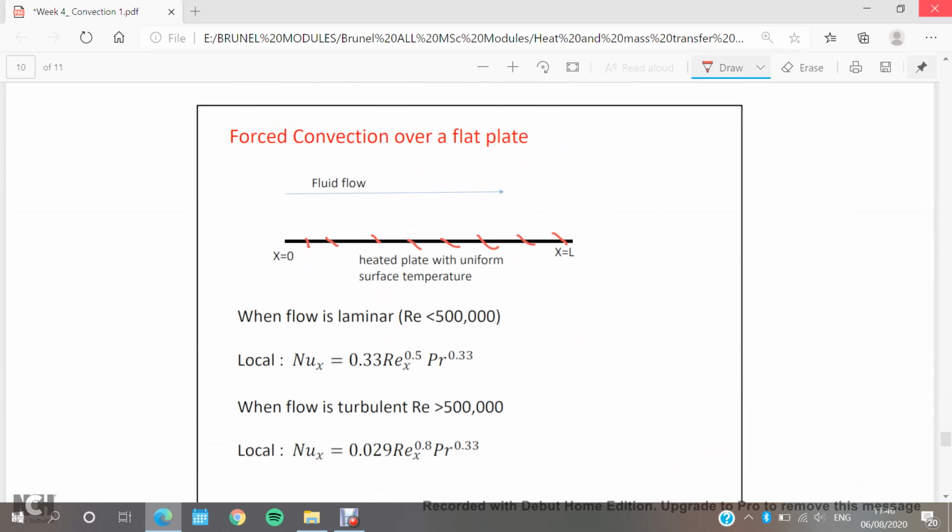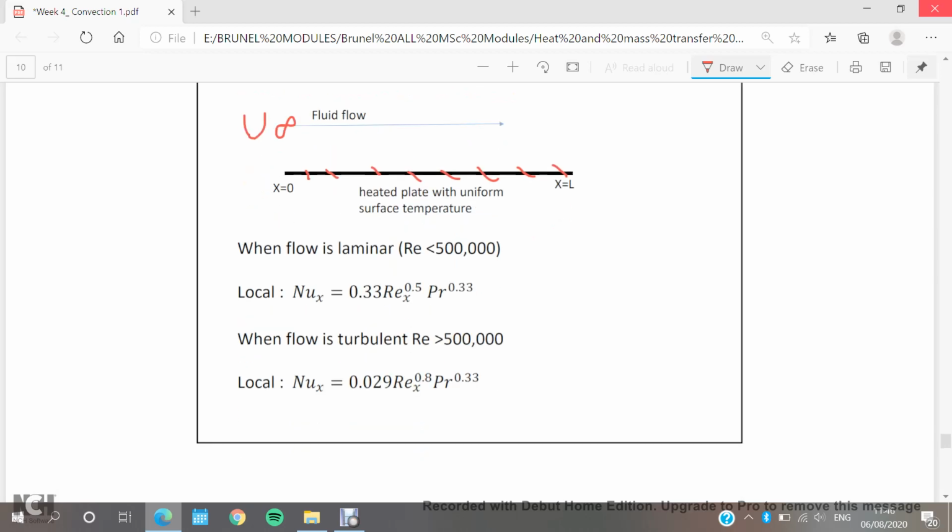In the case of forced convection over the flat plate, the free stream velocity u infinity will be much higher than in natural convection. So there will be a different relation for the Nusselt number, and the constants will be different.